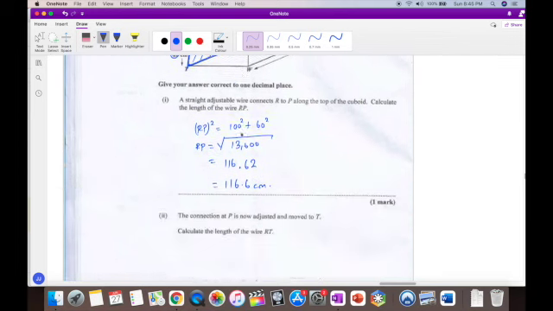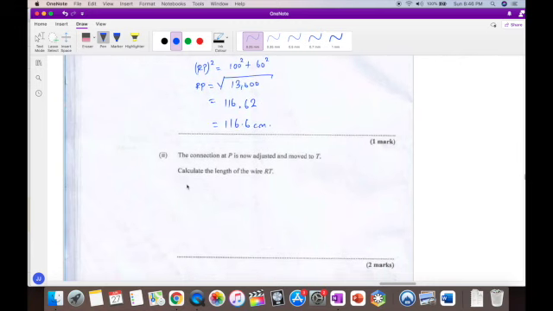So TR, or RT, is going to be the square root of 116.6 squared plus 20 squared.